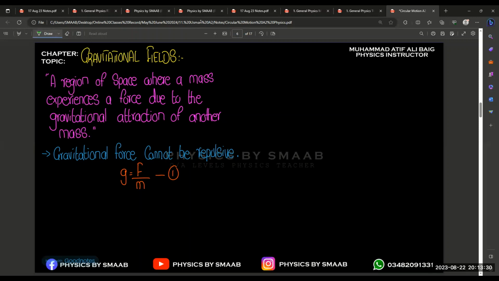So all the directions of the gravitational field or the gravitational force will be in the same line, right? So if we talk about the representation of gravitational field, we are still talking about the same topic, gravitational field.